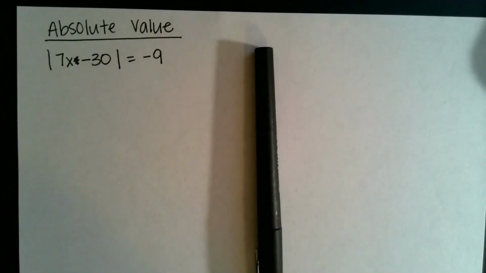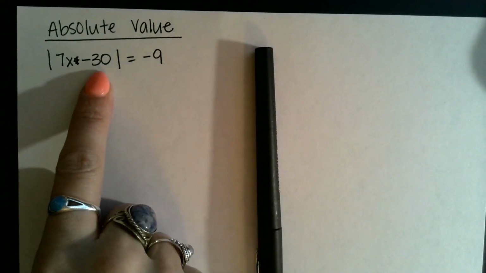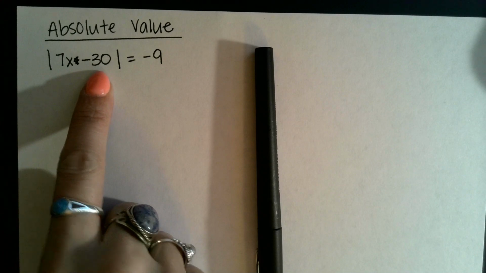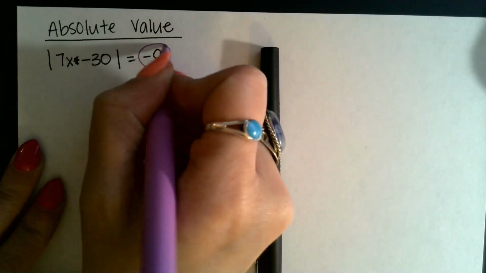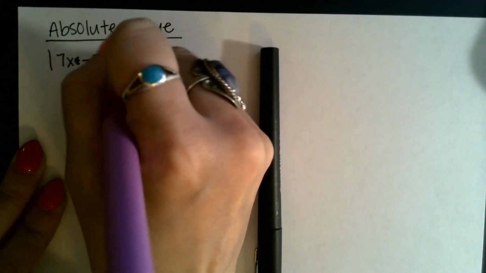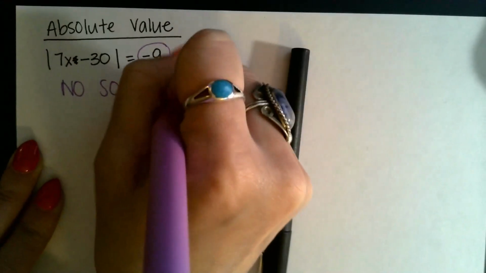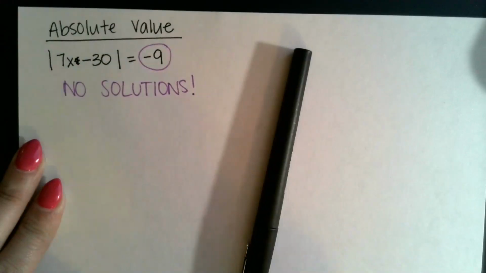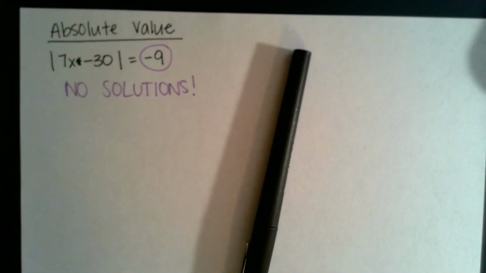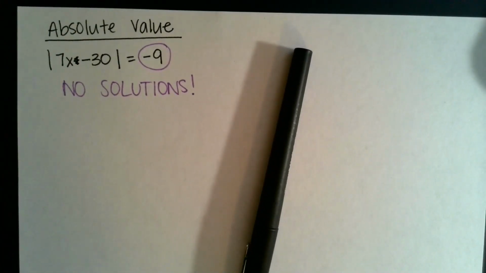So, when you see absolute value by itself on one side of the equal sign and you see a negative on the other side, it is automatically no solutions. Automatically. Like period, the end. That's it.